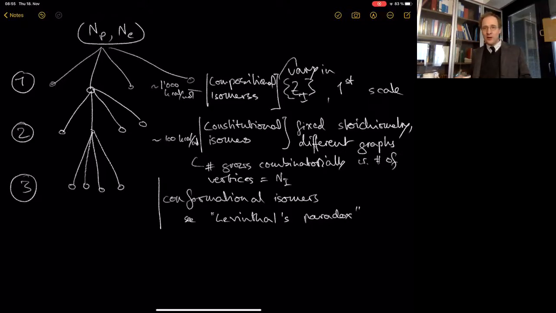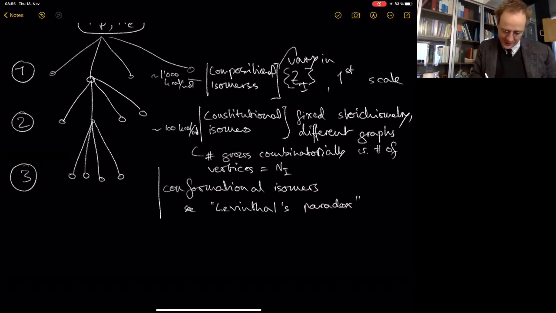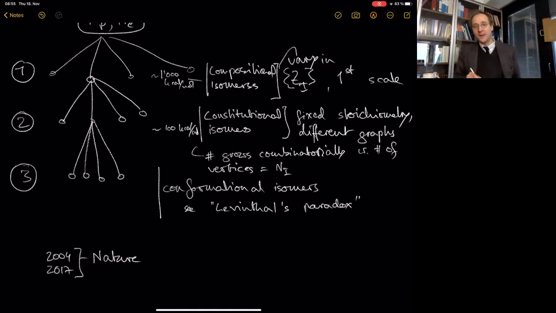And if you now have a better grasp, you shouldn't be surprised because of this discussion that, for instance, I mentioned this slide in our first introductory lecture. In 2004 there was an entire issue in the journal Nature, and in 2017 it was a comment on chemical space.